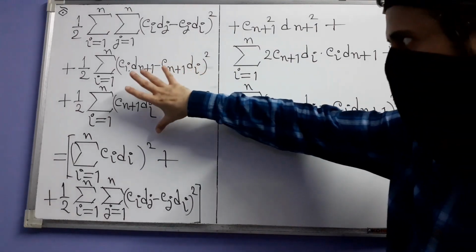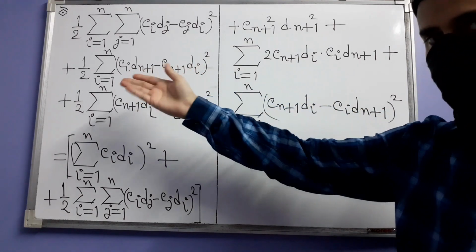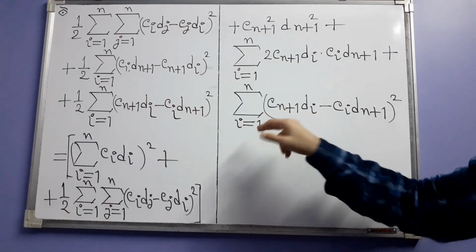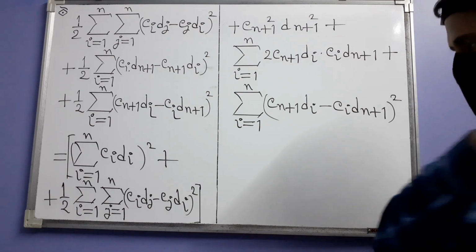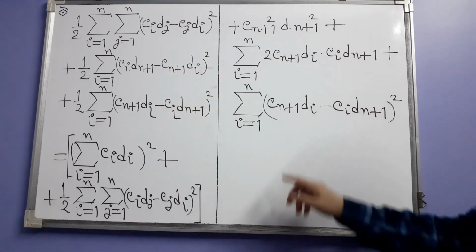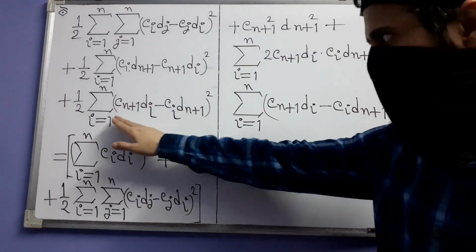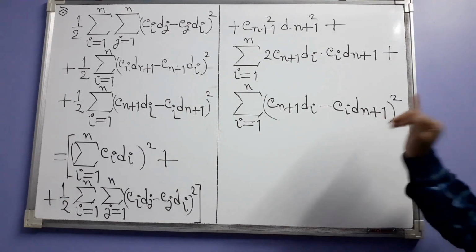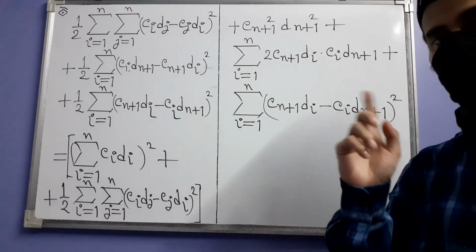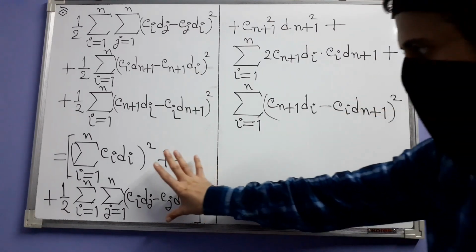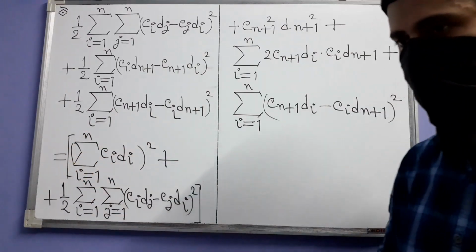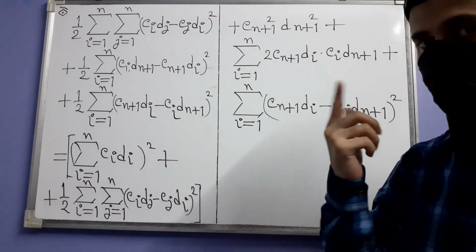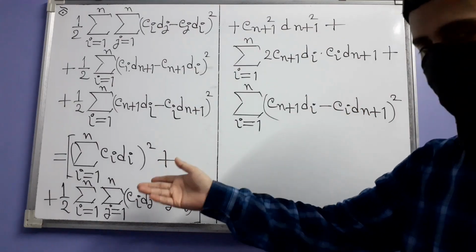Plus combining these two sums, because we have just now seen that they are actually the same sum, we can write plus this sum, where now there is no 1 divided by 2. And we have decided to write this one, Cn plus 1 di minus Ci Dn plus 1 whole square. Now what will happen in the next step? In place of this entire thing, we are of course going to write one summation times another summation by the induction hypothesis. So that will be done here.